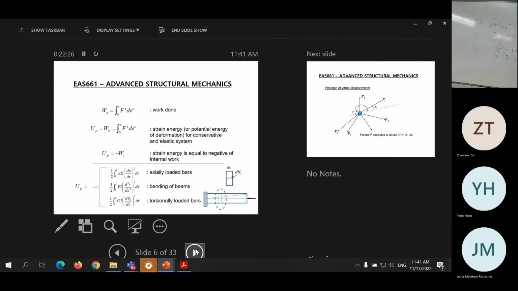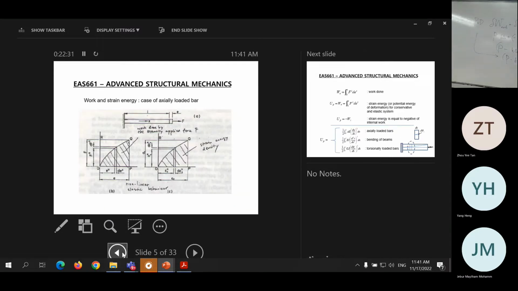The area under the graph that I showed you just now represents the work done by the externally applied force. This area under the graph, force versus elongation, gives you the work done by the externally applied force, F. And the corresponding area under this graph here, stress versus strain, gives you the strain energy density.